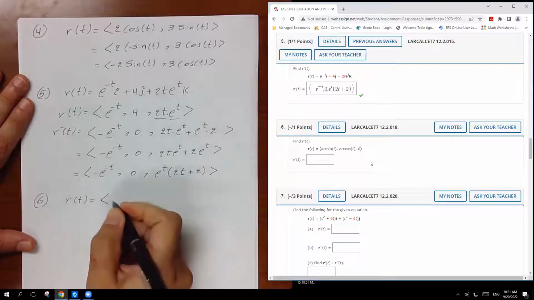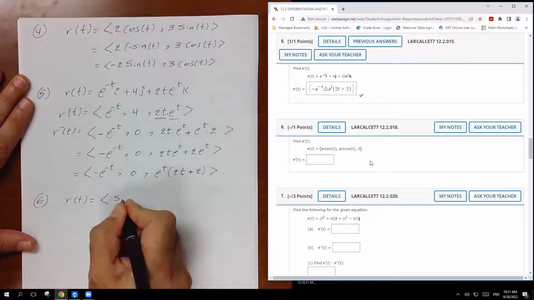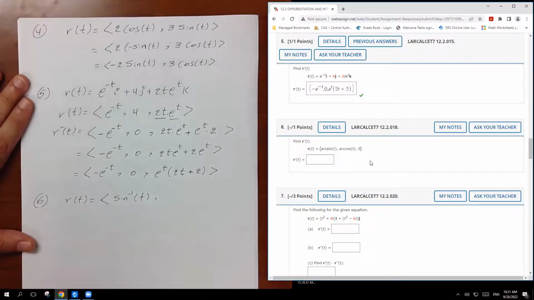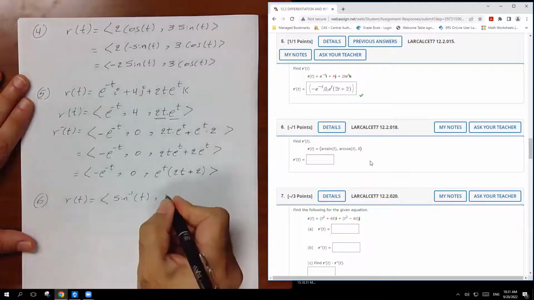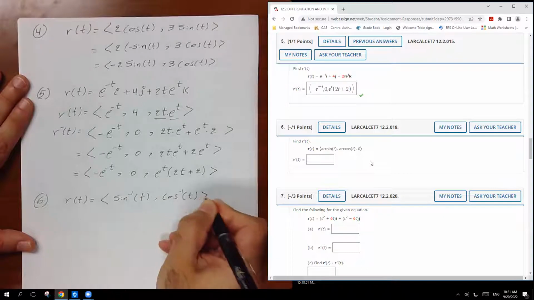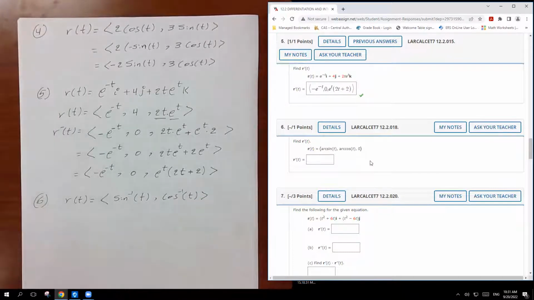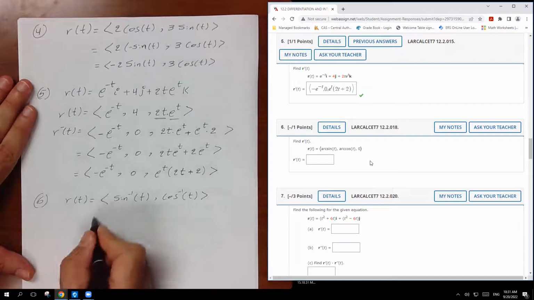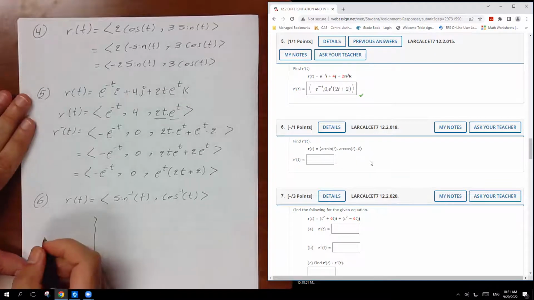So the sine component is sine inverse of t, and the cosine component is cosine inverse of t. Now with this one, you have to go back to Cal 2 and check how we find the inverse derivatives. So let's write down these two rules.